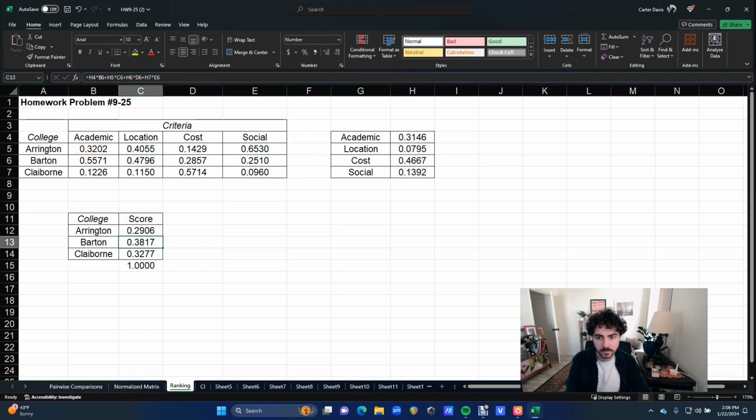To get the next one, it's very similar, just this row times this column. And the third one is this row times this column. The whole purpose of that is to give you a score for the college. And the idea is the college with the highest score will tell you what to choose. So our pick in this case is Barton College.